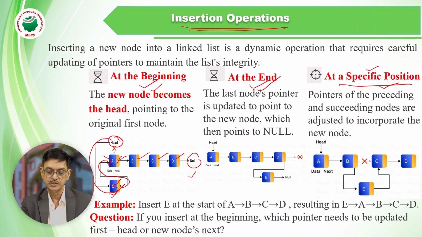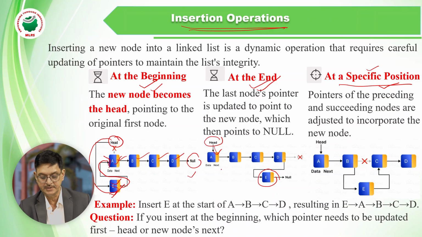Or else, sometimes based on the application requirements, we may need to add a new node, say the same E, after D. So what happens? Previously, through the special pointer head, we reach A. From A, we reach B. From B, we reach C. From C, we reach the previous last node D. Now, if we insert E as the last node, the previous last node becomes the last but one node.